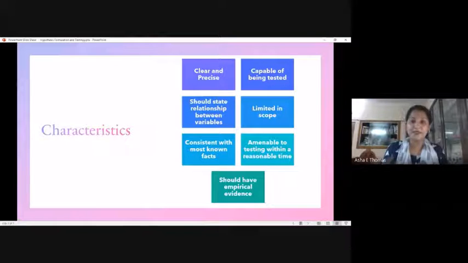And limited. It has another meaning also, but here what we mean is that the scope of the hypothesis should be limited to a point where it is possible for us to test and evaluate.